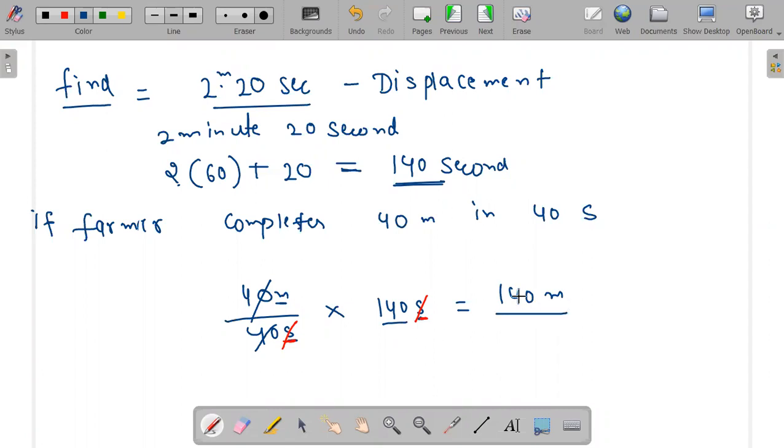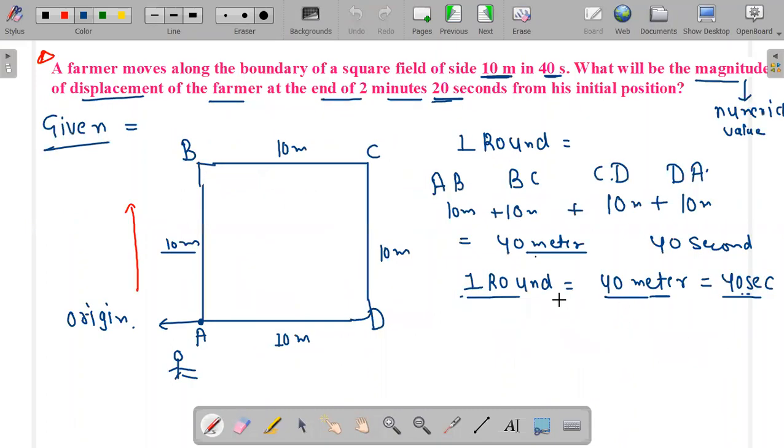So finally, I have 140 meter here. 2 minutes 20 seconds is equal to 140 seconds. So in 140 seconds, the farmer will complete 140 meters. I found this by taking this data.